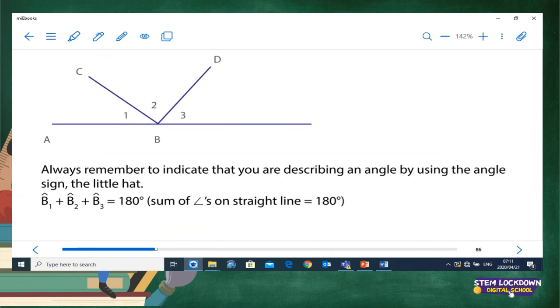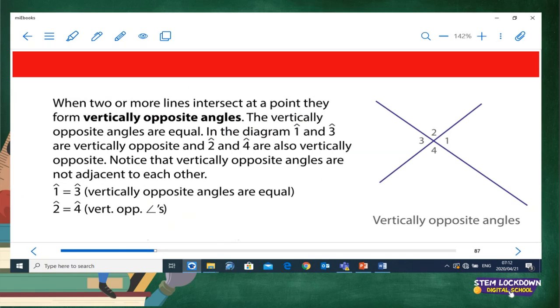Now, that is in relation to straight lines. And of course, we will probably have different angles as well, as reflected in the following. We have angles 1, 2, 3, and 4, which are formed when two lines intersect each other.